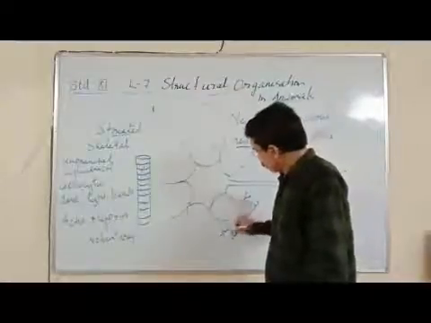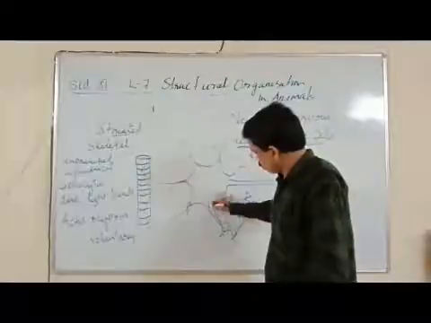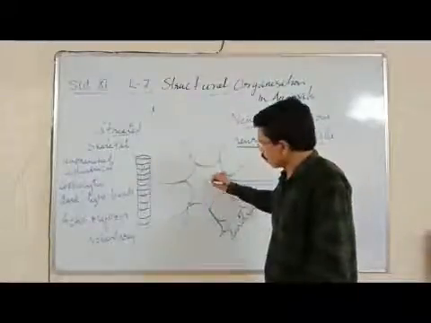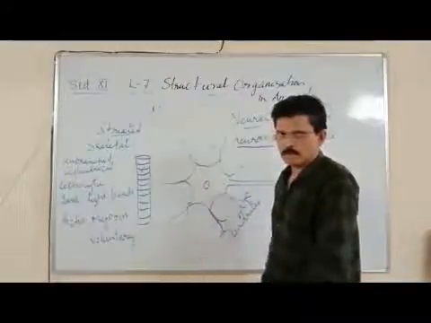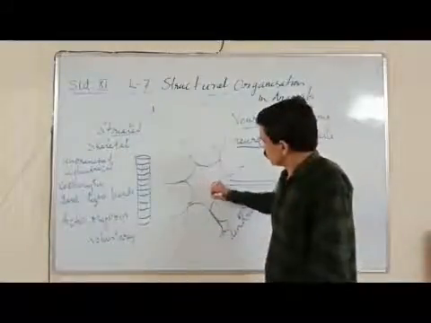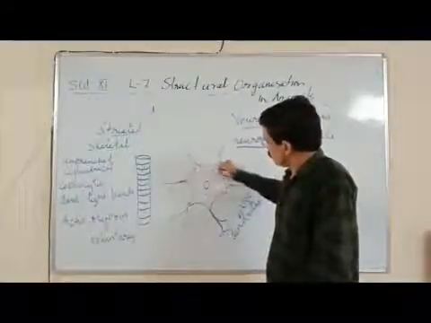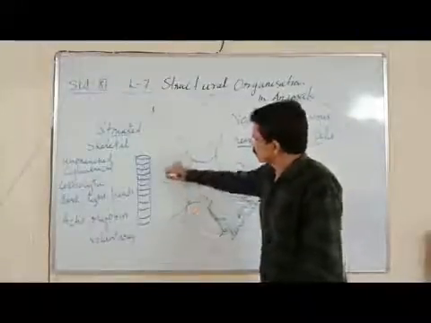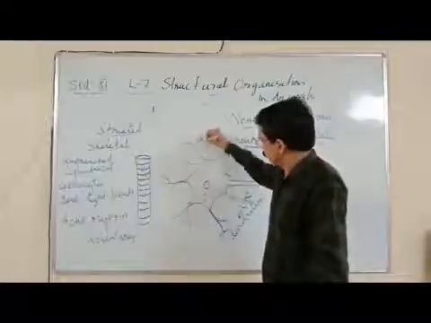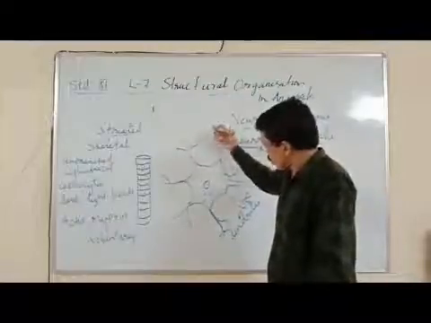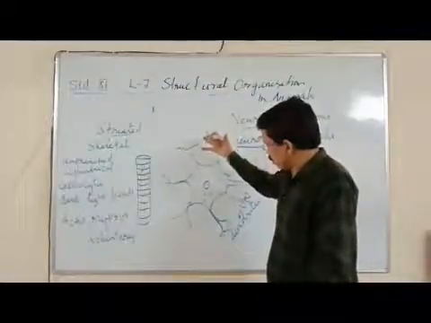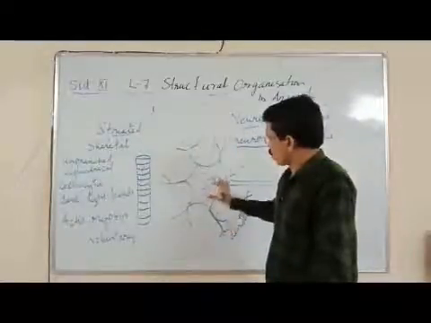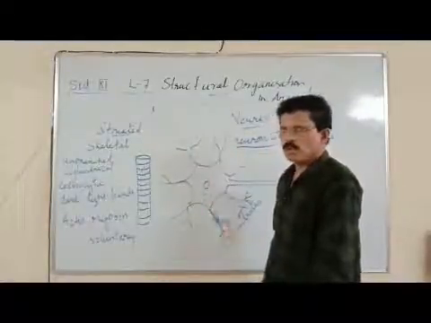That impulse now passes through the dendron. Dendrite leads to dendron, dendron to the cell body. The cell body receives the impulses generated by all these dendrites. So dendrites generate the impulses that pass through the dendron and finally come to the cell body.